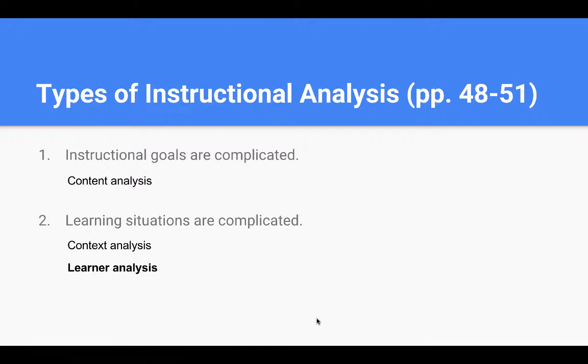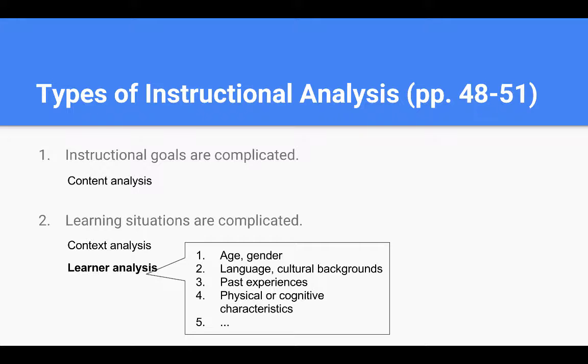The second type of analysis is learner analysis. This type of analysis is to identify the characteristics of your audience. Here I'm listing some examples of student characteristics, such as age, gender, language and cultural backgrounds, previous experiences, as well as their physical or cognitive characteristics.